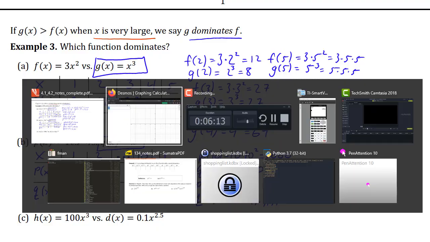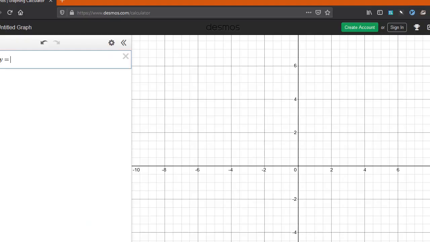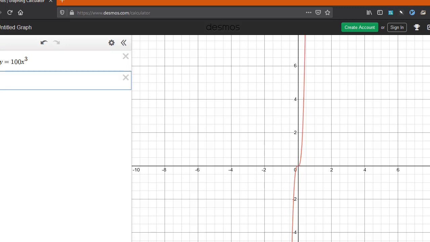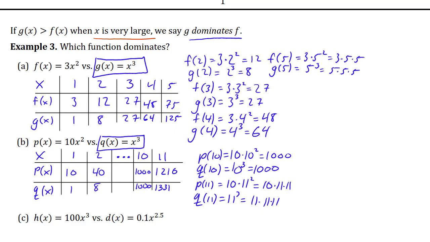That's a function that's going to get really big really fast. Okay, so there it is, shooting right off the top of the graph, because it's so steep you can't even see it much there. And then the other one is y equals 0.1, that's a pretty small number, times x to the power 2.5.